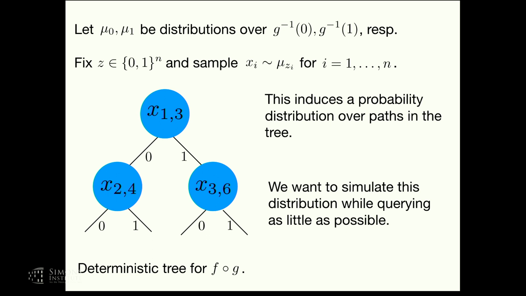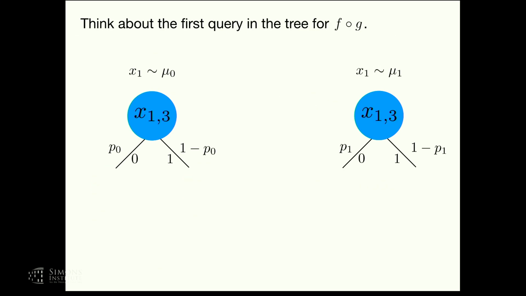At the root, I have some probability of going left, some probability of going right. Here I have some probability going left, some going right, etc. So basically we want to simulate this distribution by making as few queries as possible.